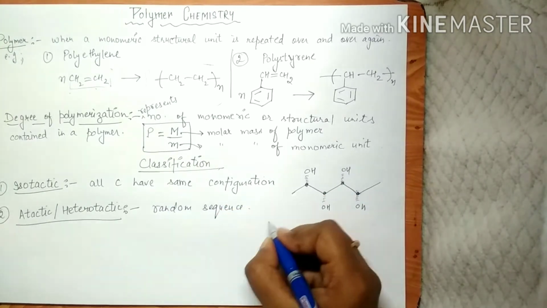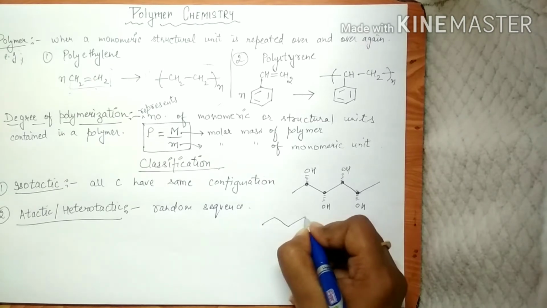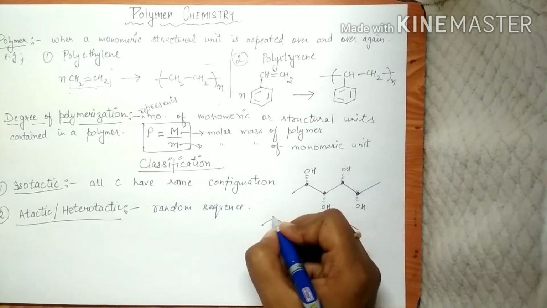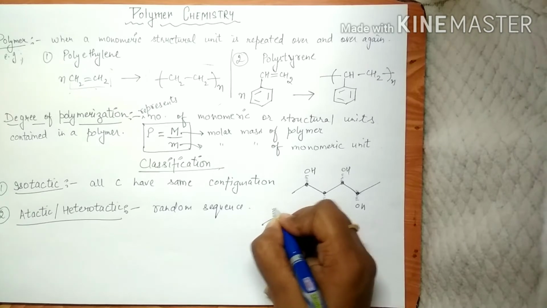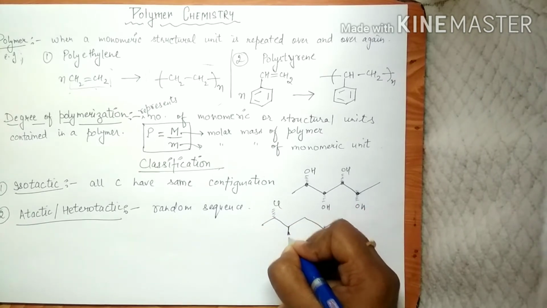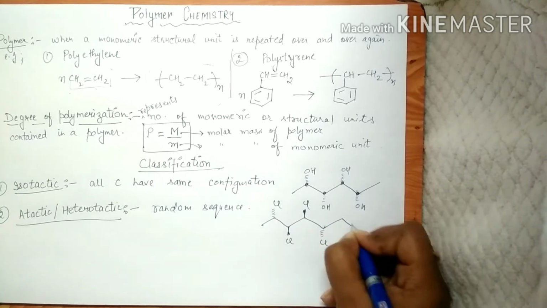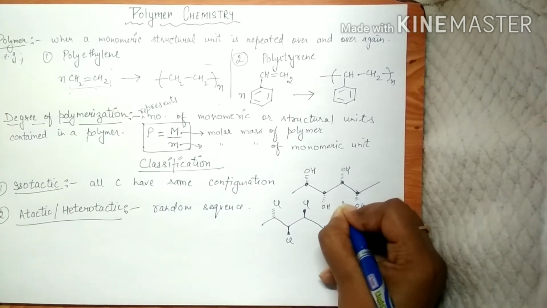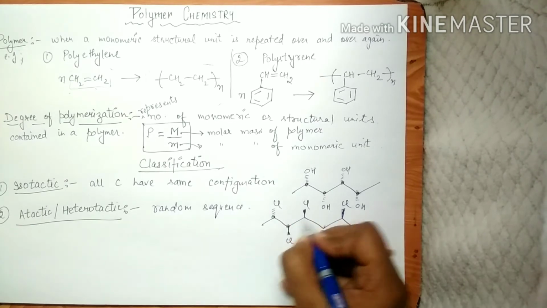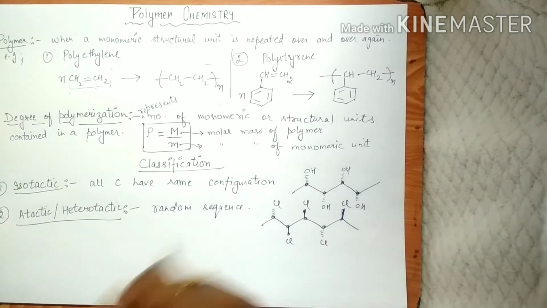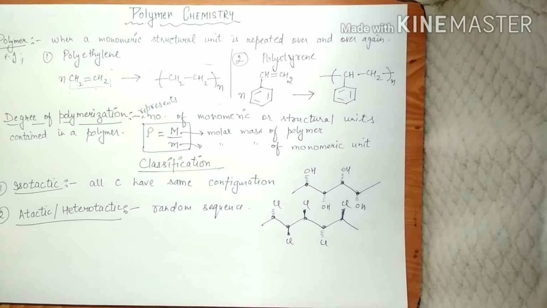For example, the configurations are random at each carbon. There is no specific arrangement of these configurations. So it comes under the category of atactic or heterotactic polymers.